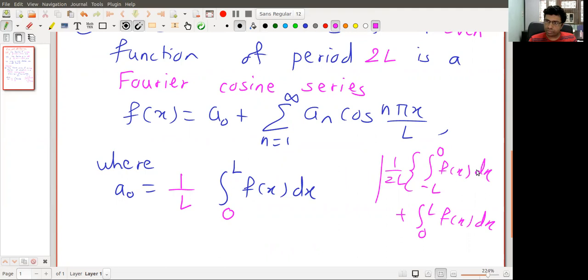Because there is minus dx, instead of L to 0, we can write 0 to L. So the first term is also the same as this one, that means integral 0 to L f of x dx. So we have two times, and that 2 gets cancelled here. So we get 1 upon L integral from 0 to L f of x dx. So these two terms will be same.